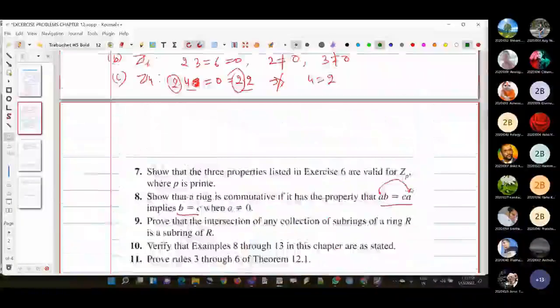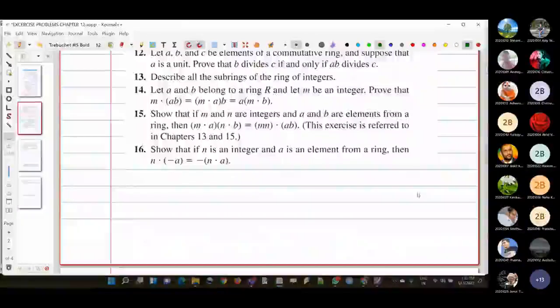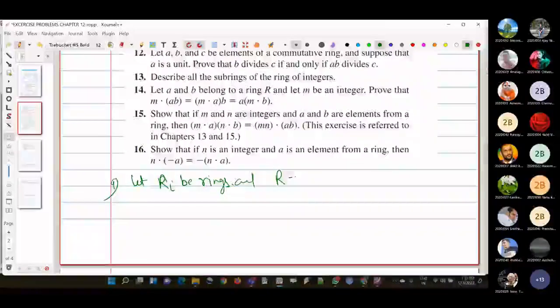If they are talking about a collection, we can take a collection. Let Ri be rings, and let us take R as the intersection of Ri over i.